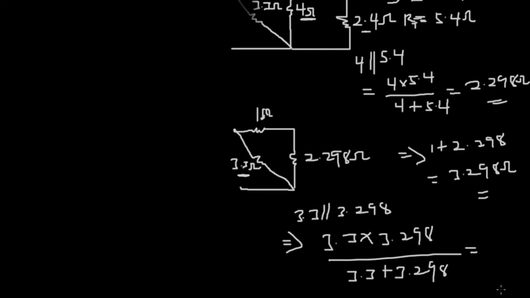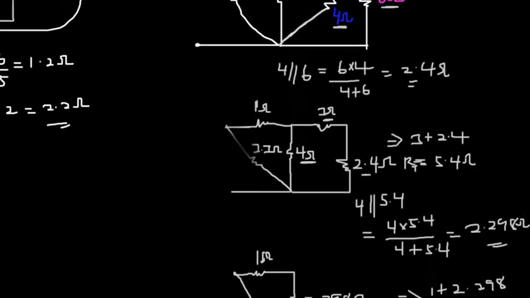When you compute this on your calculator, you end up with a total resistance of 1.65 ohms. This brings us to the end of this tutorial video.